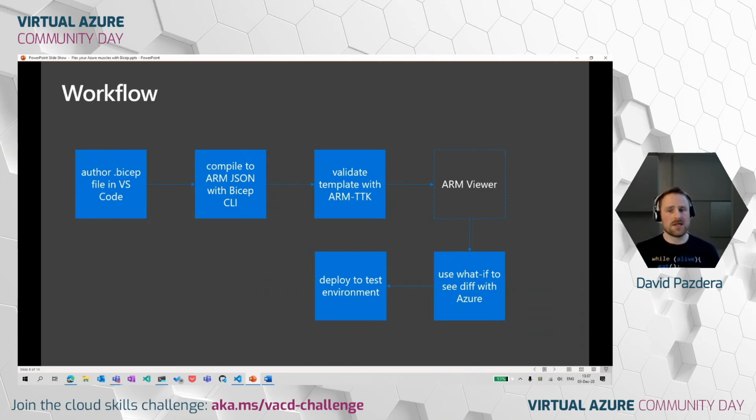And I can continue with my validation and run a deployment with WhatIf, so I can see the difference between the state in Azure compared to the code I actually work with, and eventually use AZ CLI to deploy to some test environment.